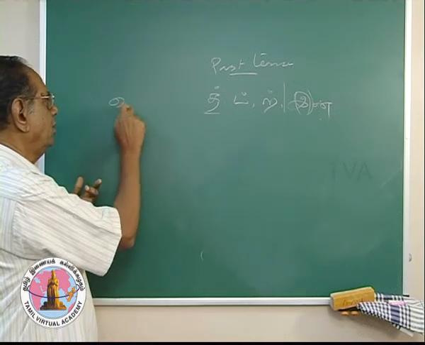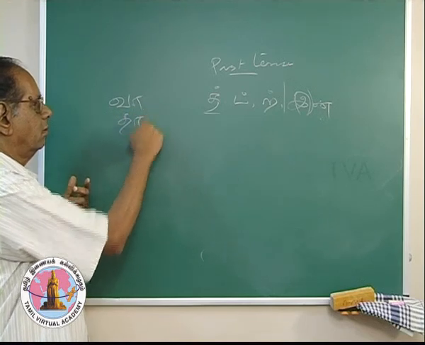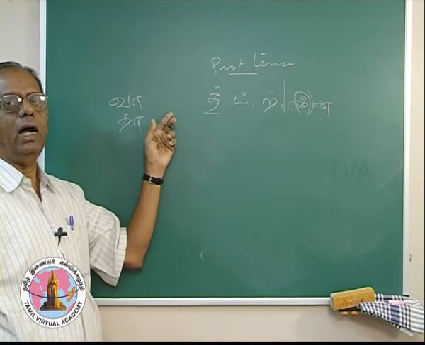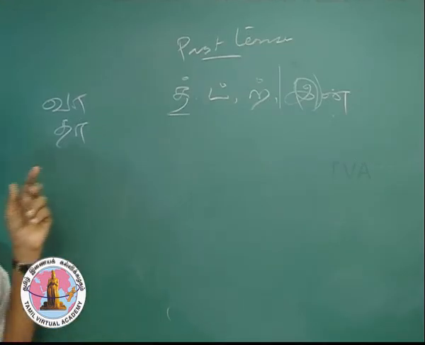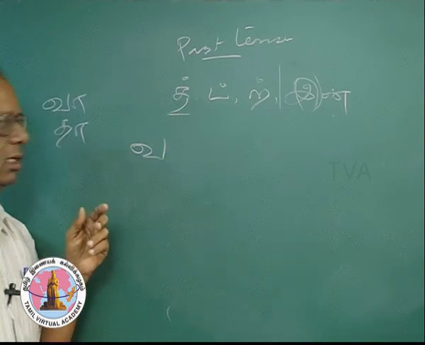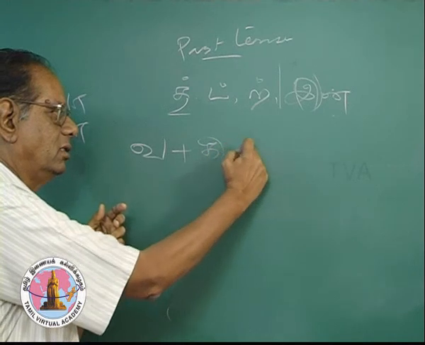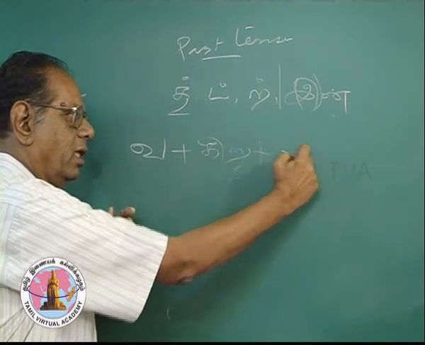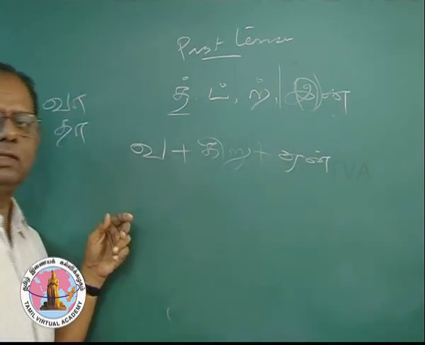The special type of words are வா and தா. Both become short first and then accept the tense marker and then the personal marker.